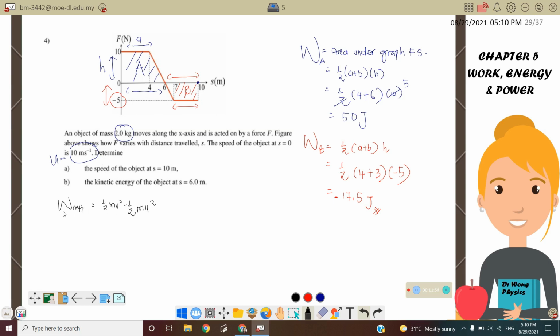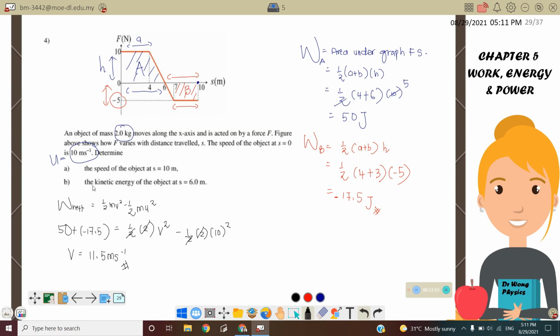The net work done is the work done of part A plus part B, meaning 50 plus -17.5 equals half times m, which is 2, times v square which we don't know, minus half times 2 times 10 square. So finally our v is 11.5 meters per second.